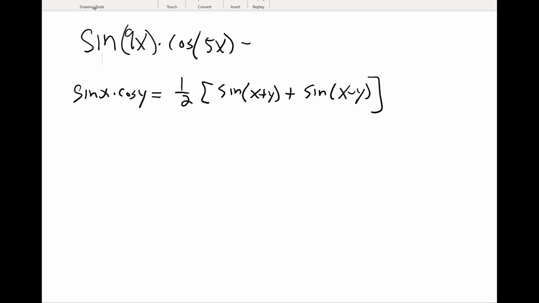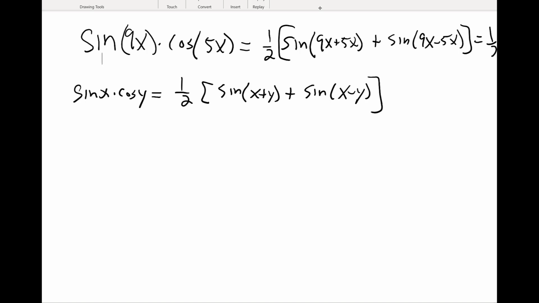So in this case, it's going to be 1/2 times [sine of 9x plus 5x plus sine of 9x minus 5x].